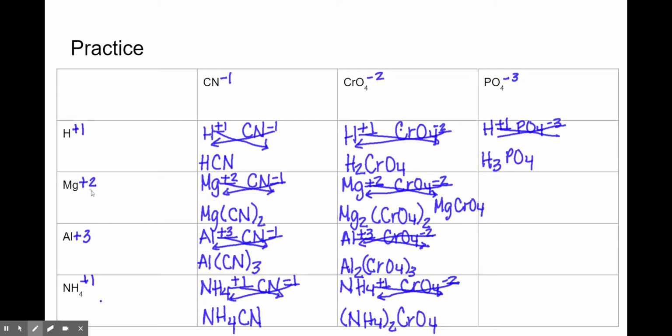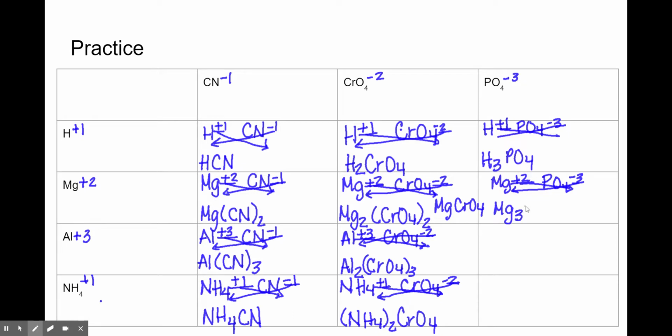Okay. Next we have magnesium, whose charge is +2, crossed with my phosphate, which is -3. So I have Mg3.